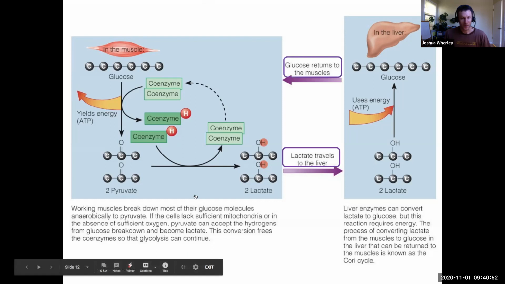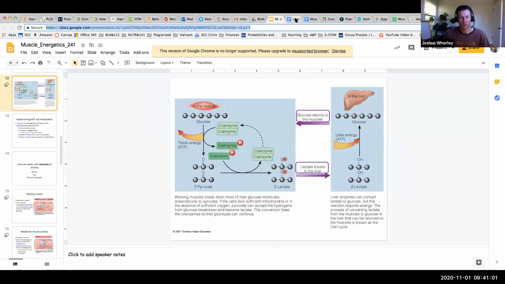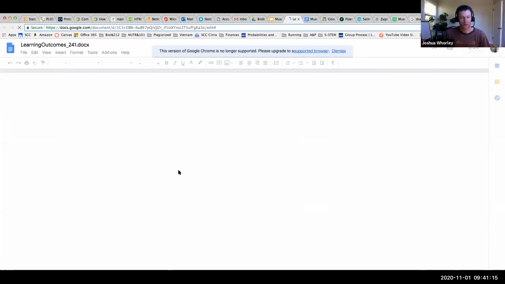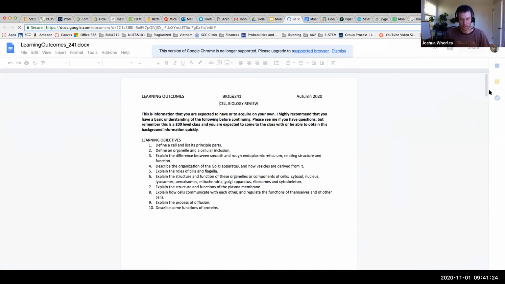Now that we've summarized all that from last time and thought about ATP use, and now we're thinking about the intensity of ATP use, the learning outcomes we're really going to be focusing on, and I'm just going to pop over to that page, are: during what type of activity, or what intensity level of activity, are we primarily using carbohydrate or fats, right?